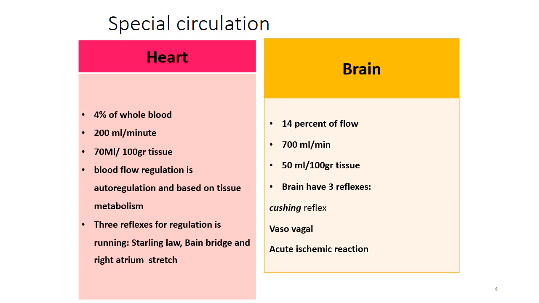Also, the brain and heart have autoregulation rather than being regulated by other parts. It means that the brain and heart respond only weakly to sympathetic regulation. When sympathetic action is done and the brain and heart respond weakly to it, it means that the brain and heart can maintain their blood flow by their own autoregulation.